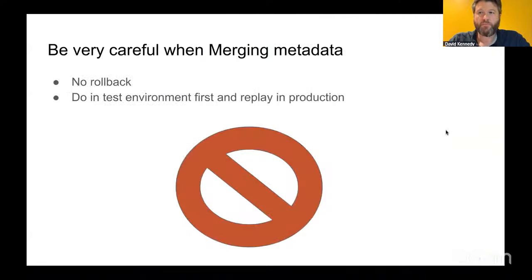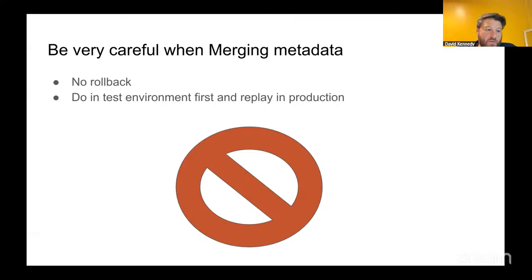Okay. So this is a big caution. We do just want to say, be very careful when merging the metadata. There is no rollback. There's no undo for this. If the wrong items are merged, it can lead to some pretty severe consequences, of data being pushed together that shouldn't be, replaced, a whole bunch of things.